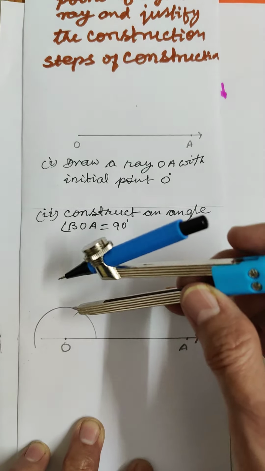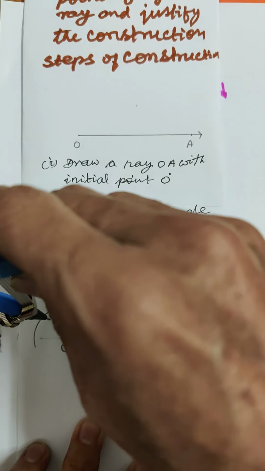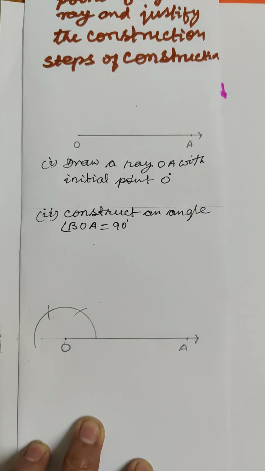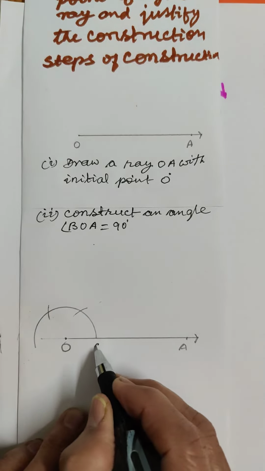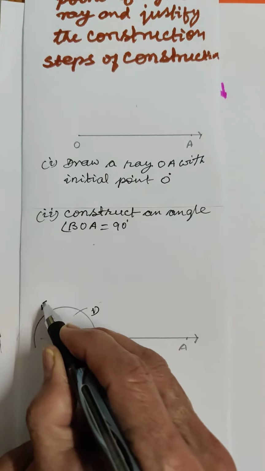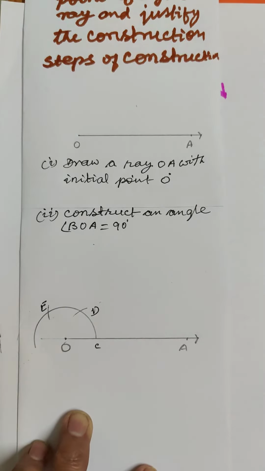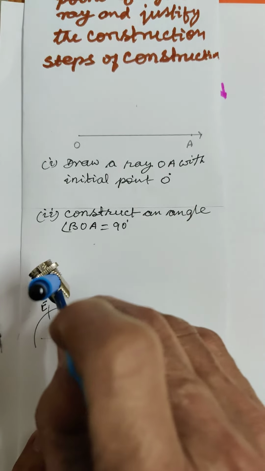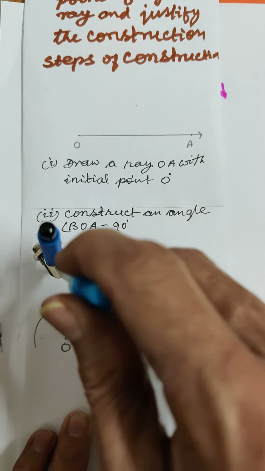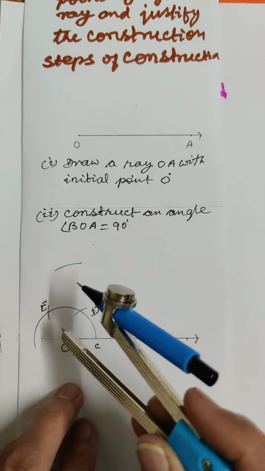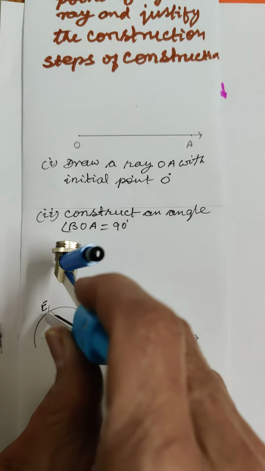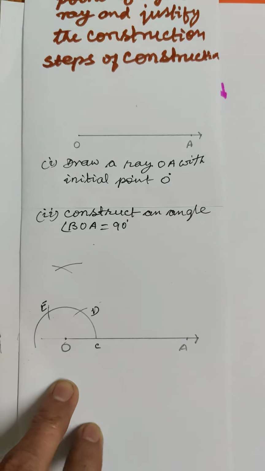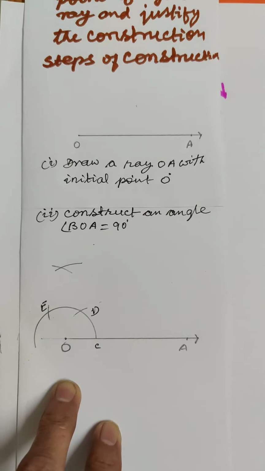This was C and this was D and this was E in question number 1. Now taking E and D as a center, and distance more than half of AD, drawing an arc. Taking E as a center, drawing another arc, arc number 1 and arc number 2.